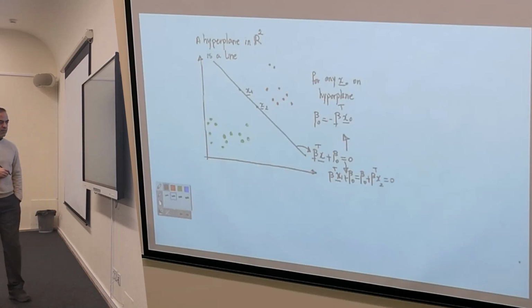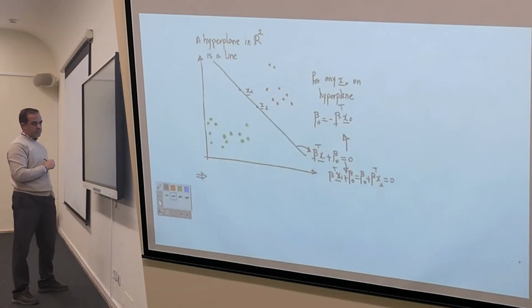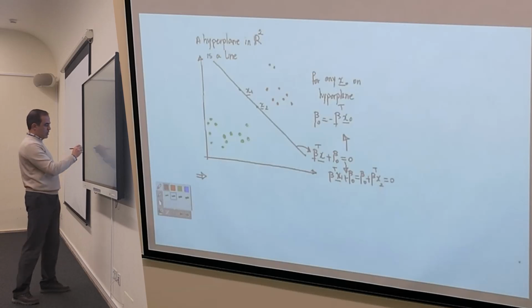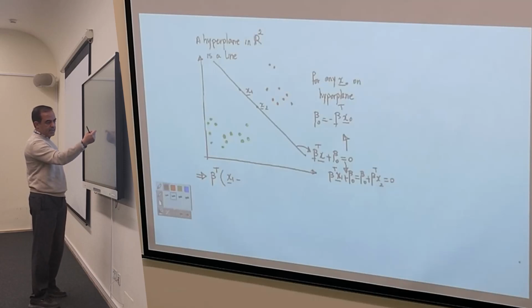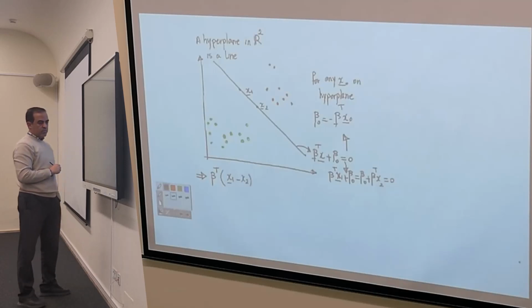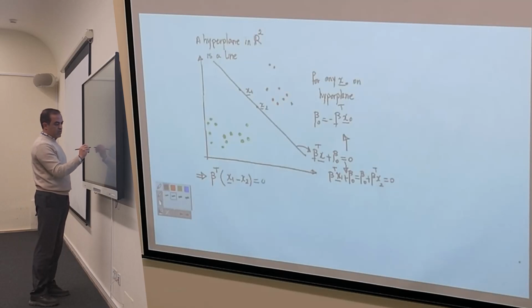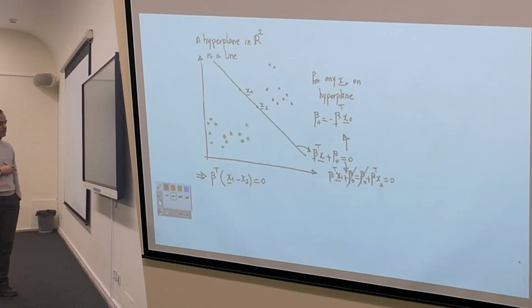And we can have this equation. As a result, the beta transpose (x1 minus x2) would be 0 because these two beta 0 will be removed from the equation.